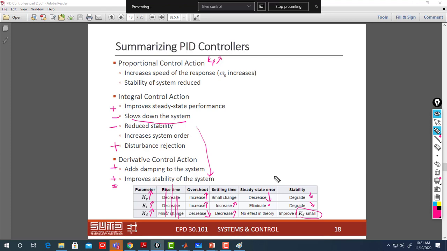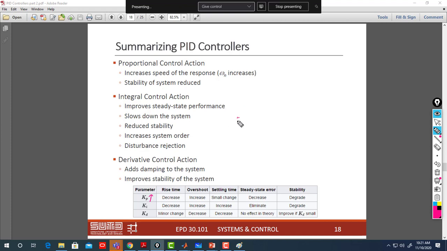As for the rise time, increasing KP will decrease the rise time. What do you mean by decrease the rise time? It will reach the reference fast.